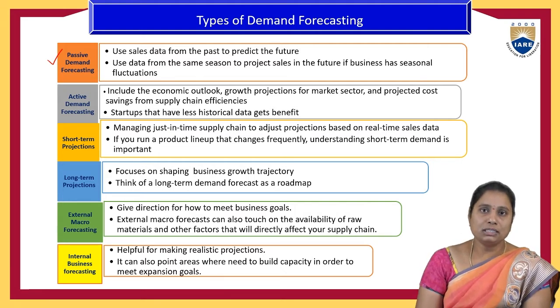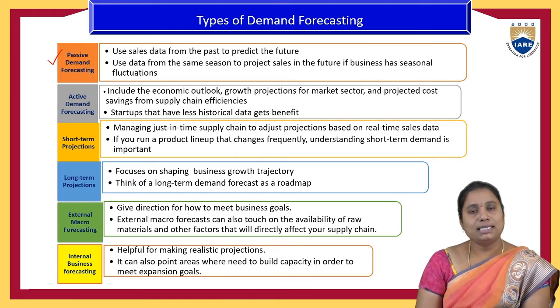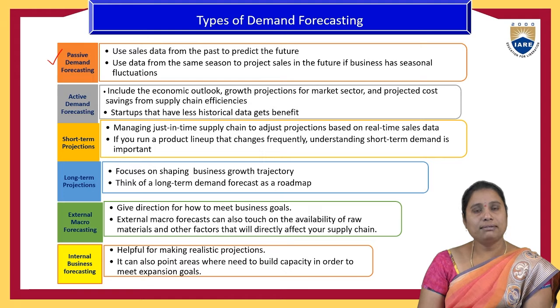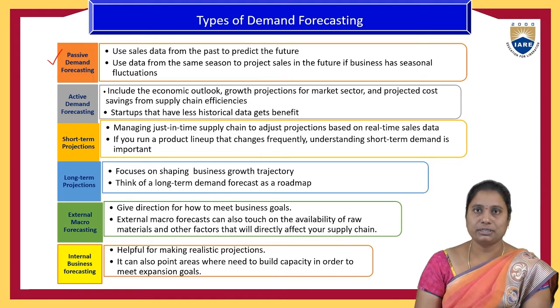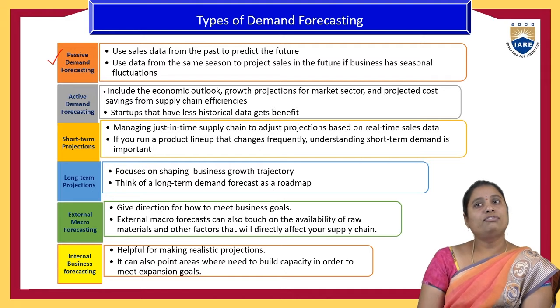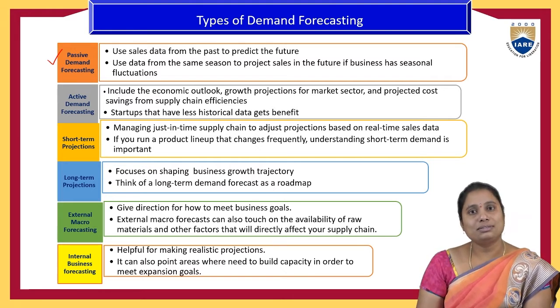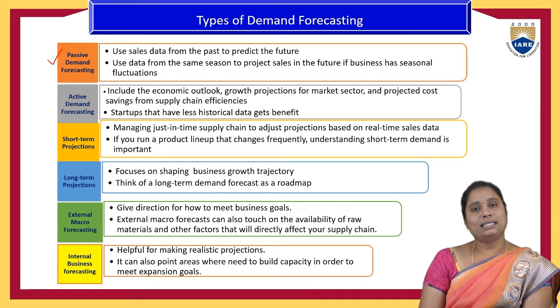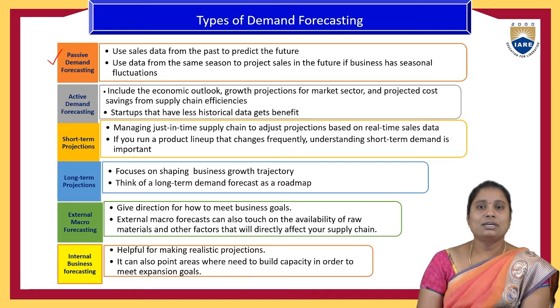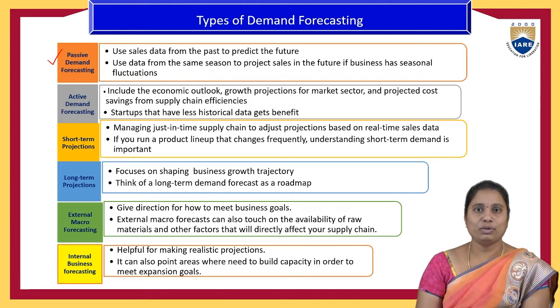If they estimate it that way, then that kind of demand estimation is called passive demand estimation. This is the most suitable for projecting sales based on seasonal elements, and it requires more data prevailing from the previous years.